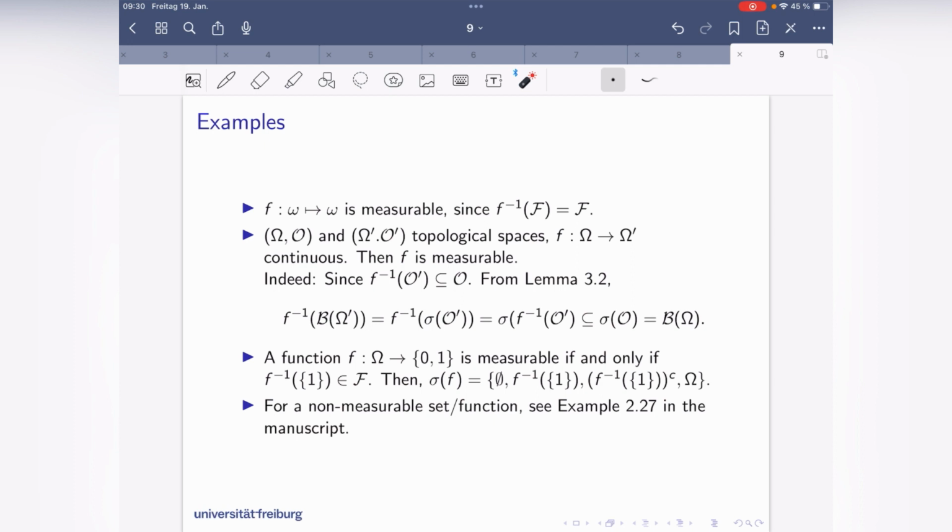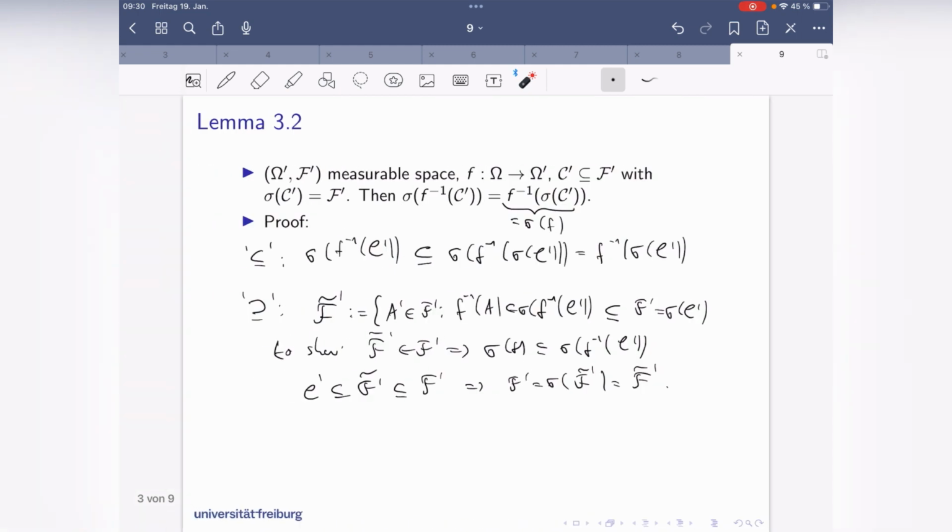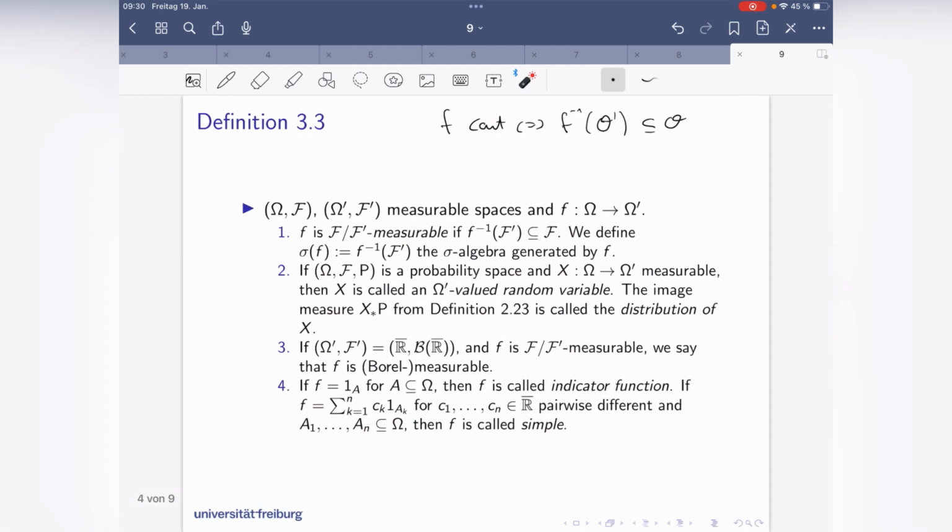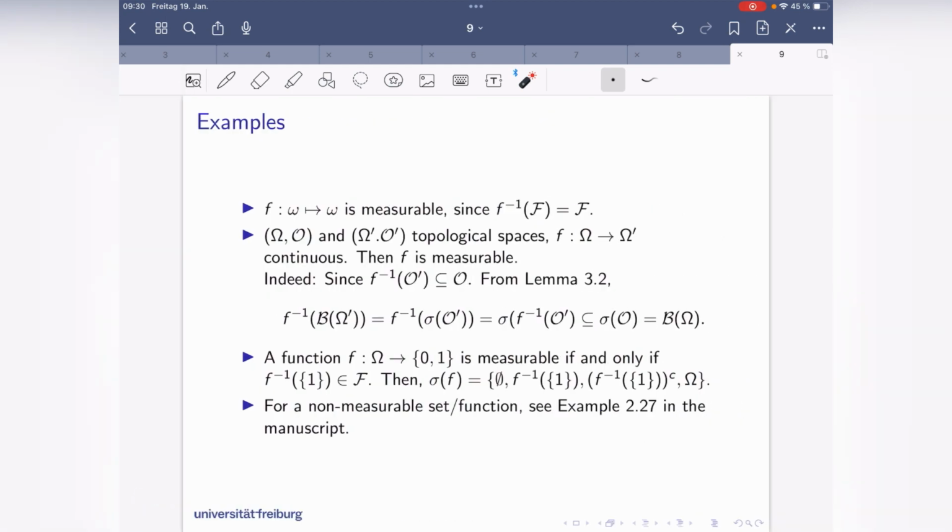However, how do we prove this? So continuity means this here. And we had the lemma here, which says I can exchange the sigma and the f^{-1}. And for this reason, I can write the following. f^{-1} of the Borel sigma algebra of omega prime, f^{-1} of this here.